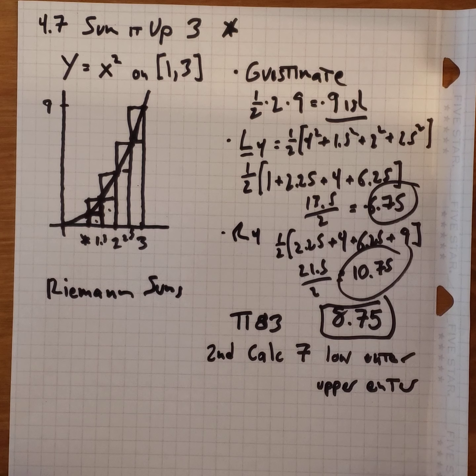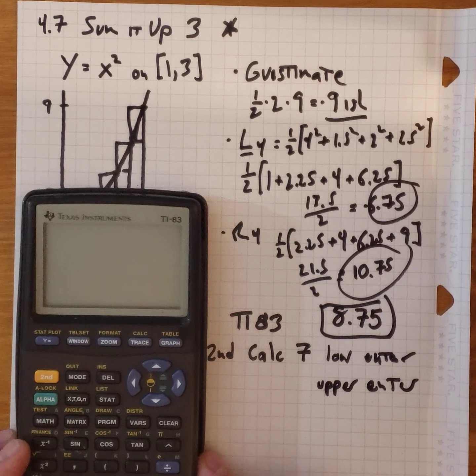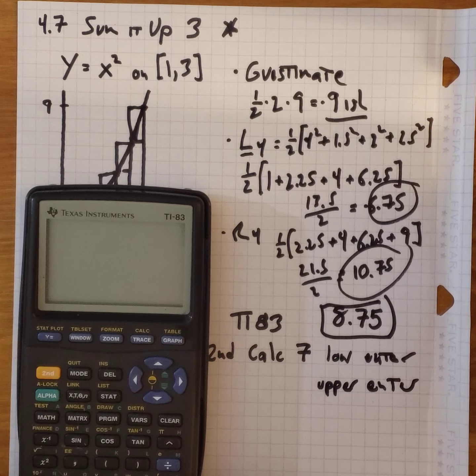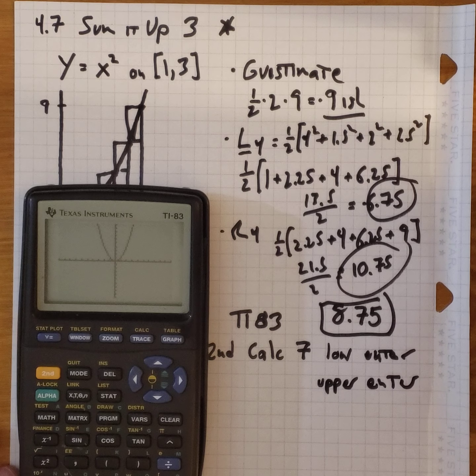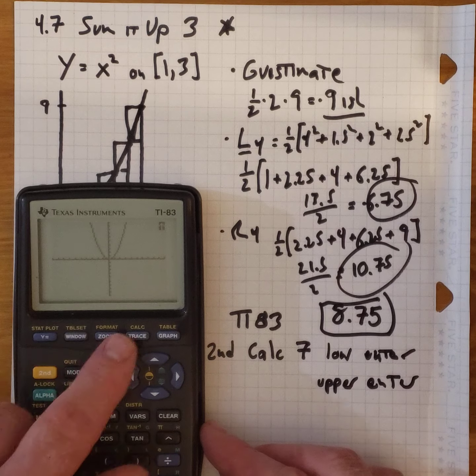The last thing I want to show you is how to find the actual area, or a decimal approximation for the actual area, using the calculator. It's a real quick and easy process. You just turn the calculator on first, put in x squared, and get your curve. If you want the area under that curve over an interval, you do second calc.